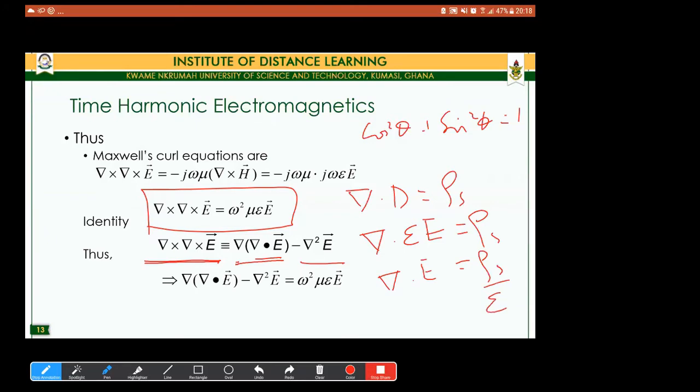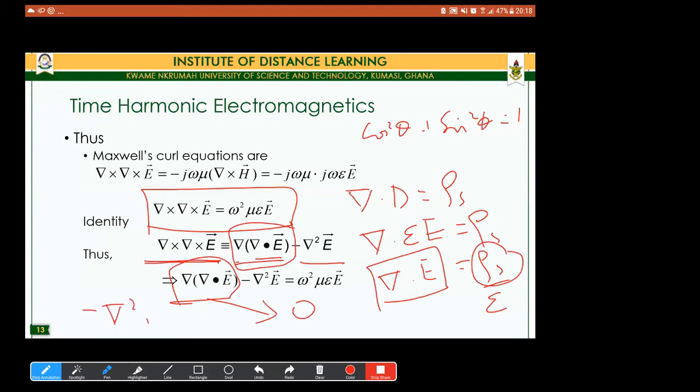So if we're talking about a source-free field, rho s is equal to 0. That means the divergence of E must be equal to 0. So this component, the gradient of the divergence of E, goes to 0. Then we have minus del squared E equals omega squared mu epsilon E.